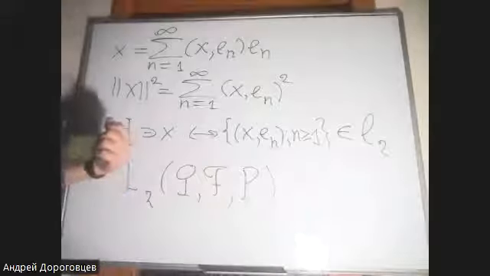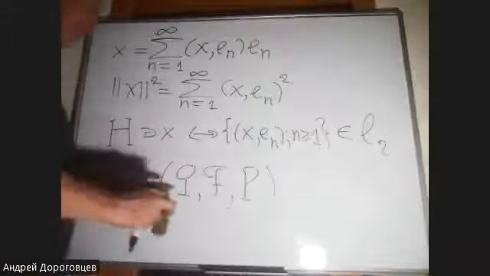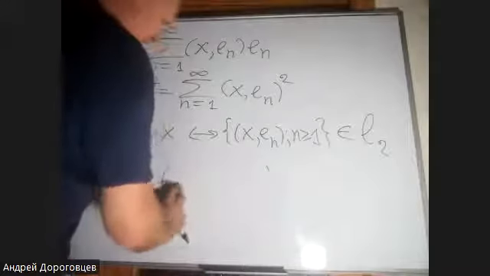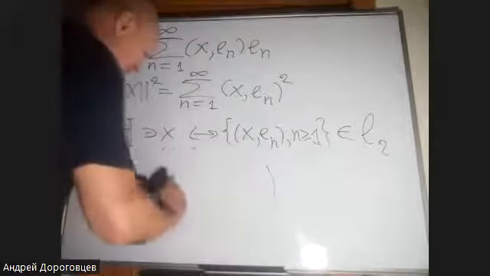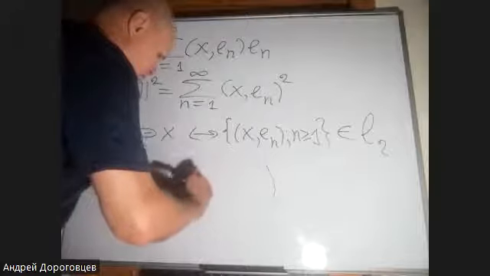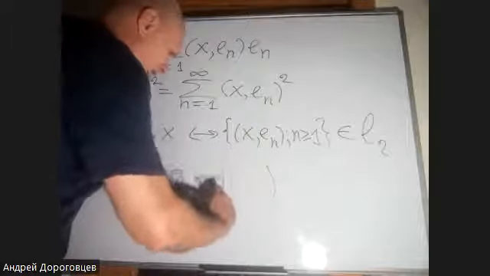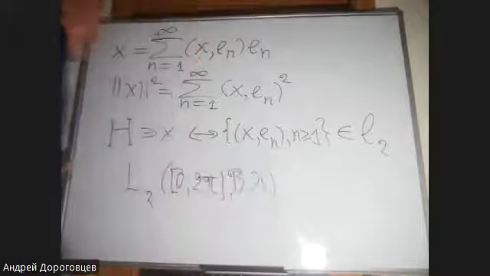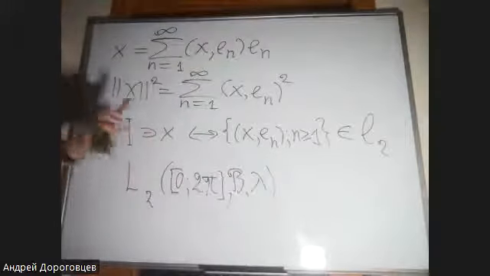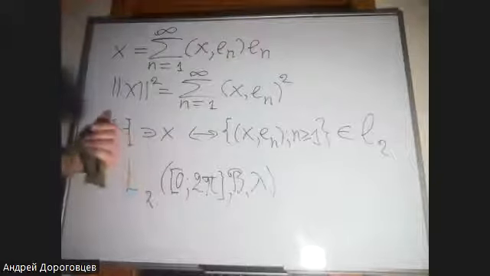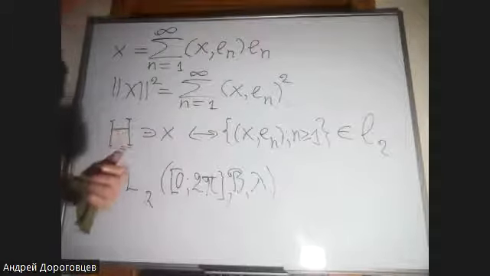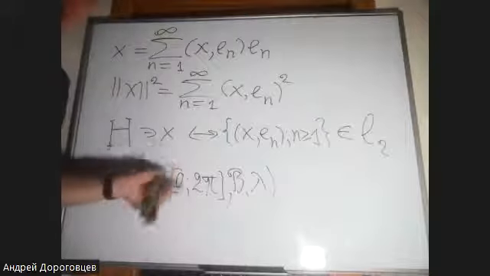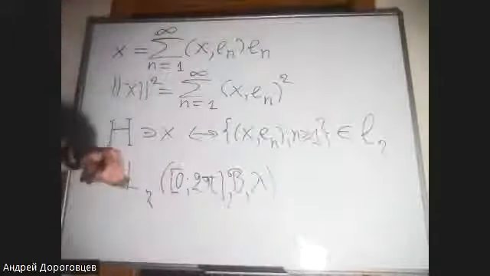For example, if instead of such a general picture I take the interval 0 to pi with the Borel sigma field and Lebesgue measure, then as the orthonormal basis we usually take the trigonometric system, sine, cosine, and so on.